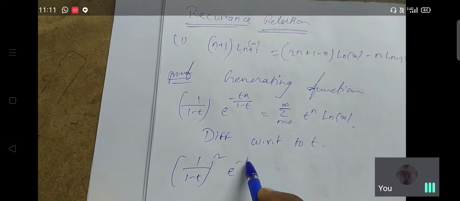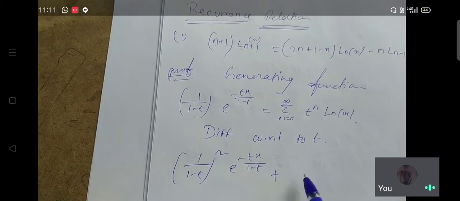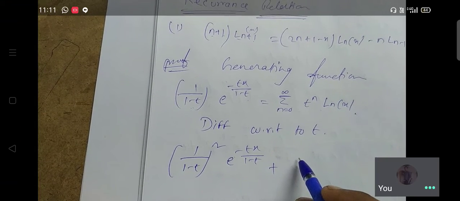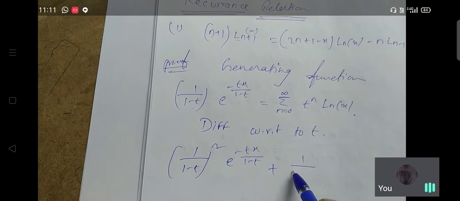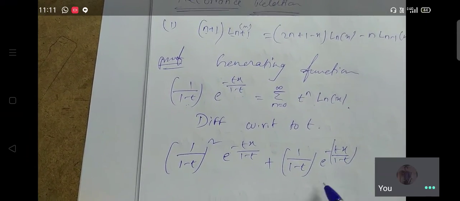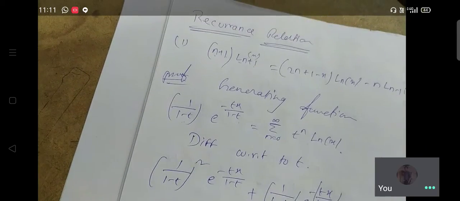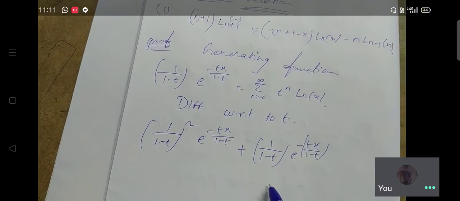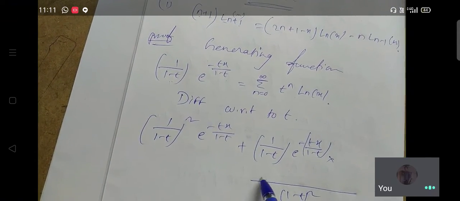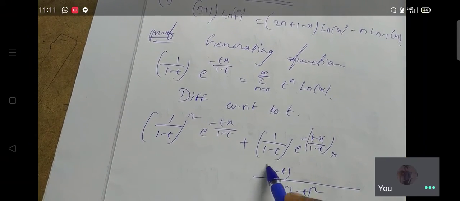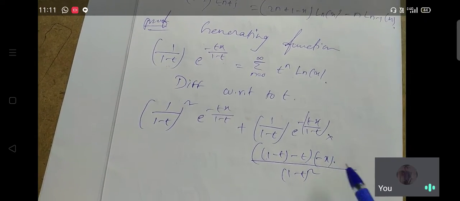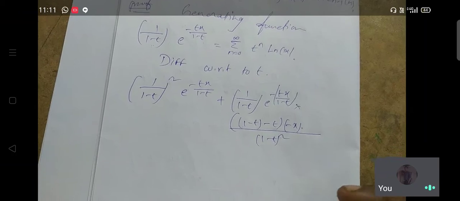So next, e^(-tx/(1-t)) divided by (1 - t) plus 1 over (1 - t) times e^(-tx/(1-t)) times the derivative of the exponent, with (1 - t)^2 and (1 - t) in the denominators, minus x.